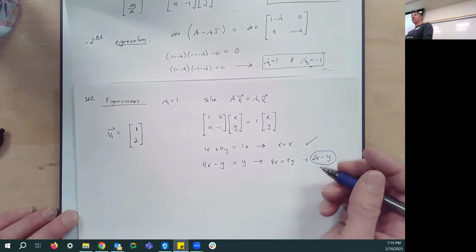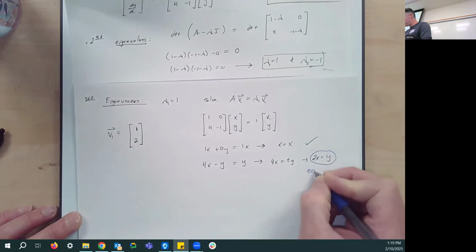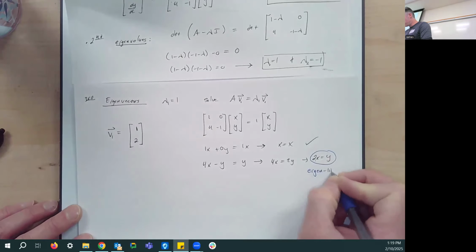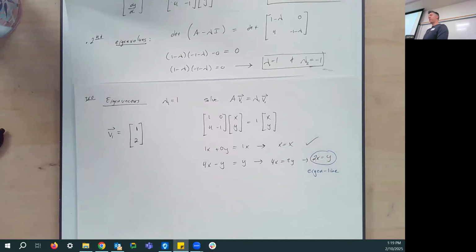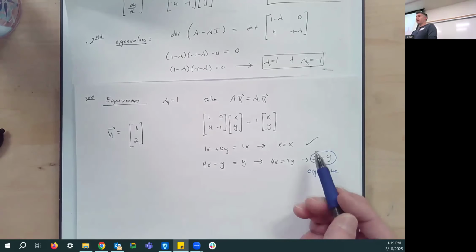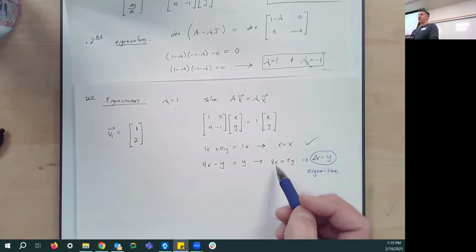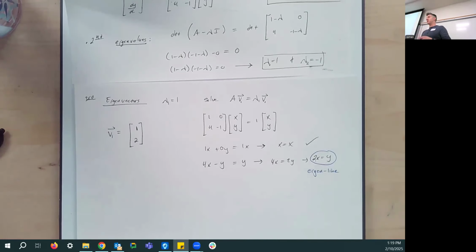But it's got a special name. It's called the eigenline. And it's kind of an important line if you're trying to graph the direction field, which you may or may not be asked to try to do. But I feel like he was kind of talking about that, so we'll talk about it. It would be fine if we didn't solve for y. Like if you had 2y equal to 4x, it would still be the equation of the line. It's just easier to see what it is if you solve for y.